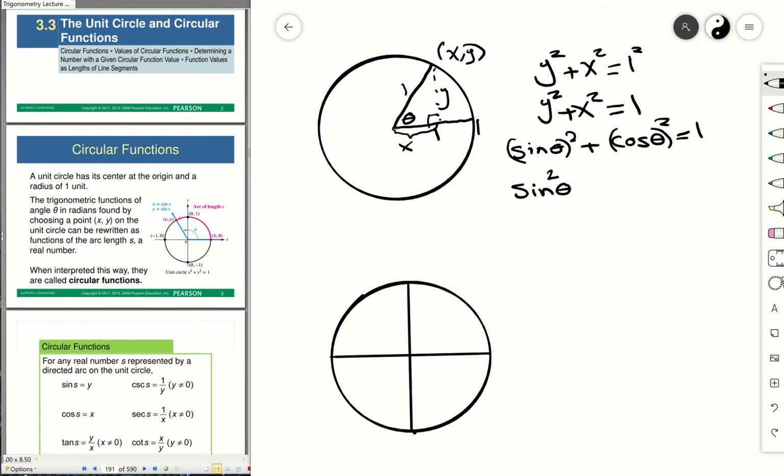But if you want to make sure people understand that you want to find the sine of an angle and then square the whole thing, you put the 2 right there. Plus, same here with cosine squared of theta equals 1. And this is one of the most fundamental identities in all of trigonometry. It's called the Pythagorean identity.